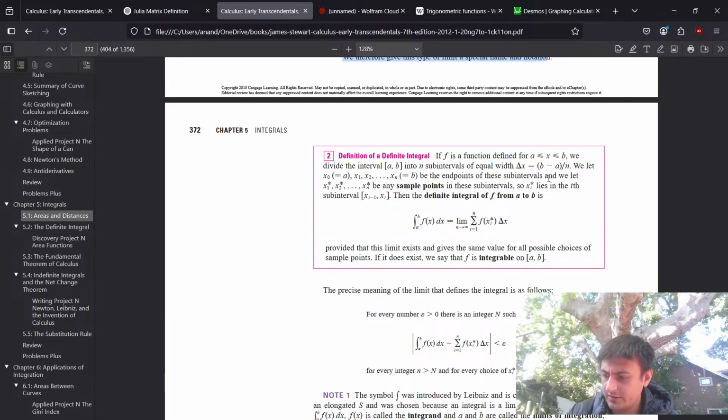Then we get the integral from a to b, f of x dx. So this is all just syntax, right?